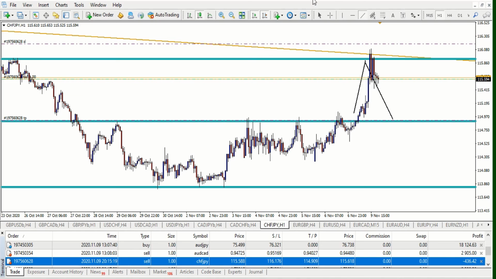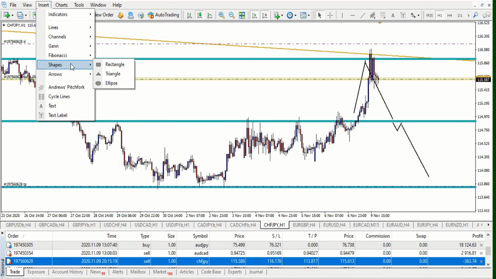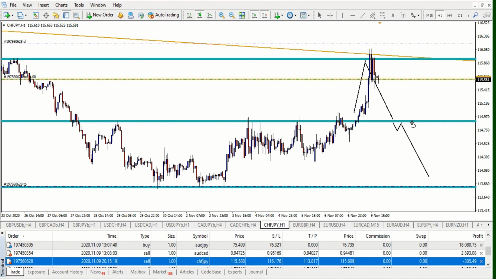Okay, so let me just drag this to my second take profit. So if the market breaks here and comes back for a retest, then I'll enter my second position somewhere there.